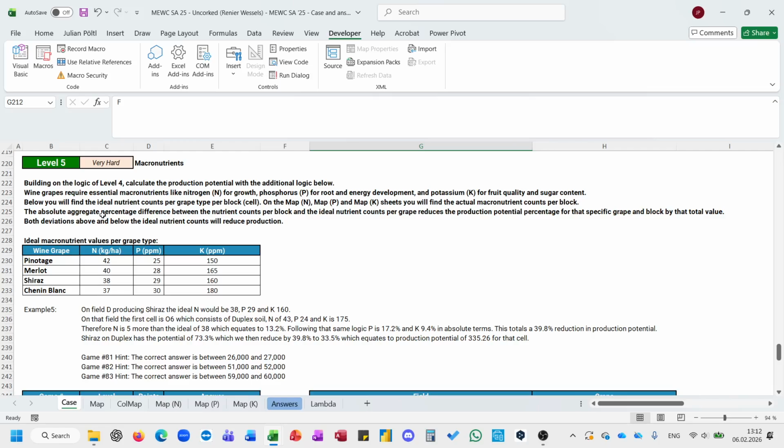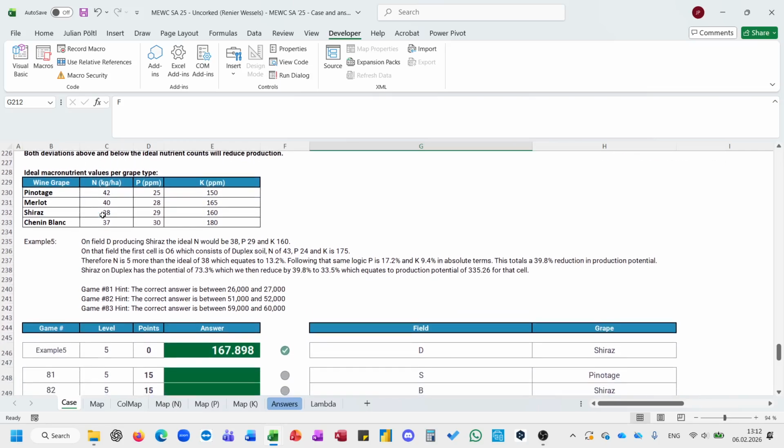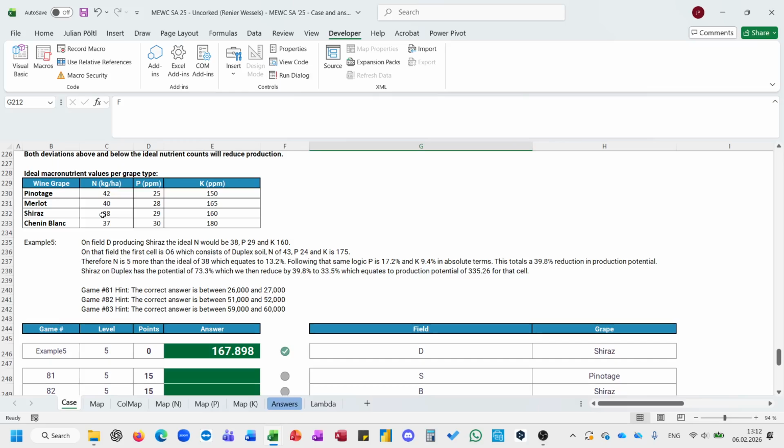Potassium on field the ideal N would be 38. Okay, yeah, this is this. On the field first cell.